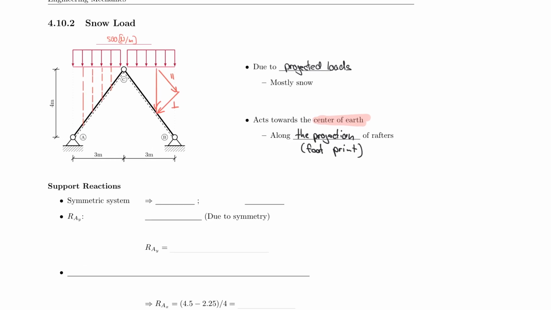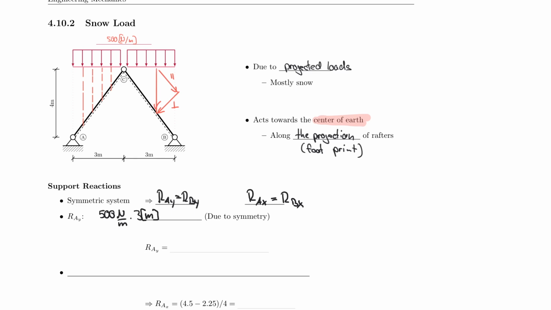So once again, our system is symmetric, and because it's symmetric, RAY is equal to RBY, no different than before. Similarly, RAX is equal to RBX. And so how much load do we have in total? The entire system has a weight of 500 Newton per meter. Now be careful, multiplied by 3 meters.